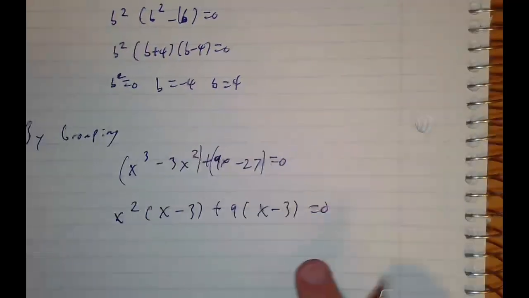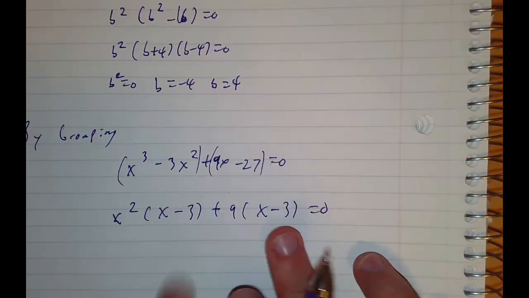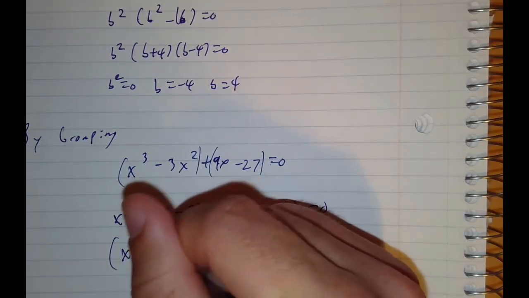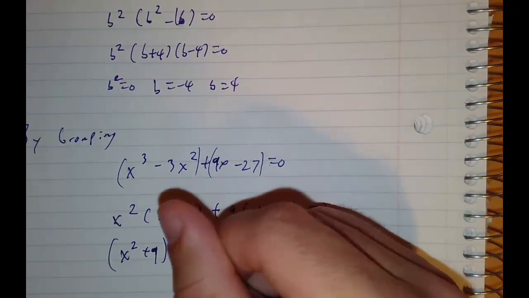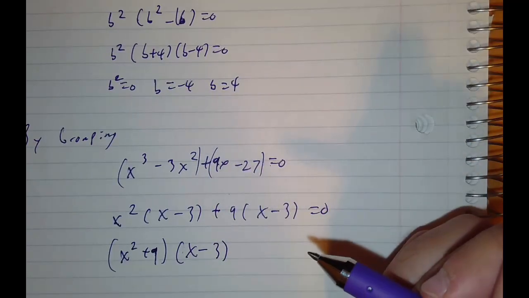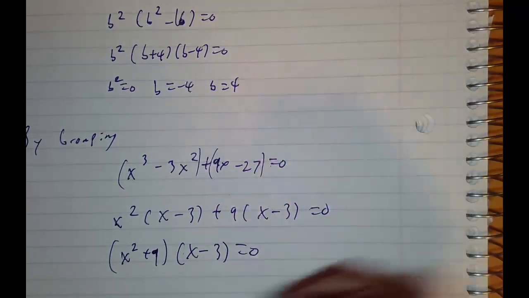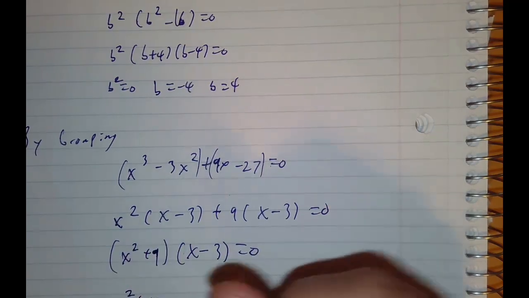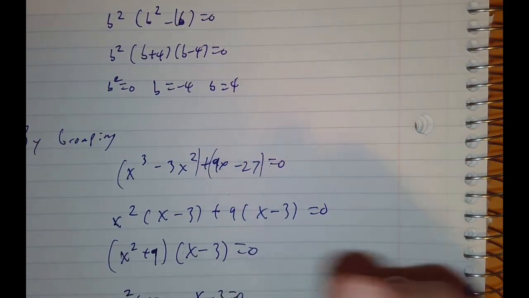And notice here that these two match, the x minus 3's match, so we can rewrite this as x squared plus 9 and x minus 3. Okay, and then you would solve this as normal. So x squared plus 9 equals 0, x minus 3 equals 0.